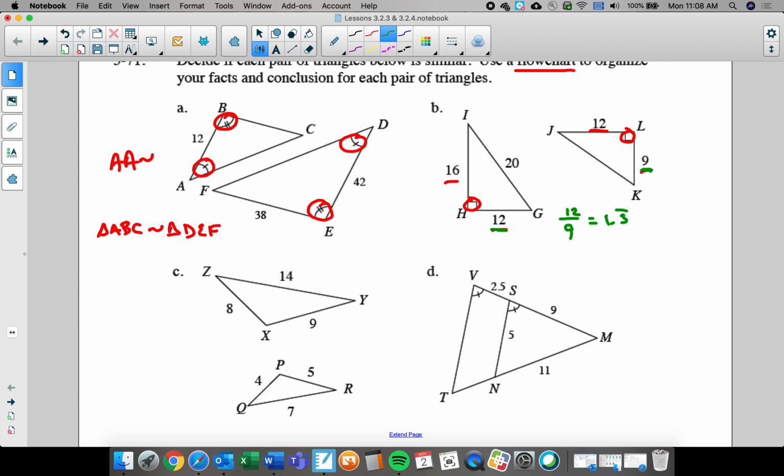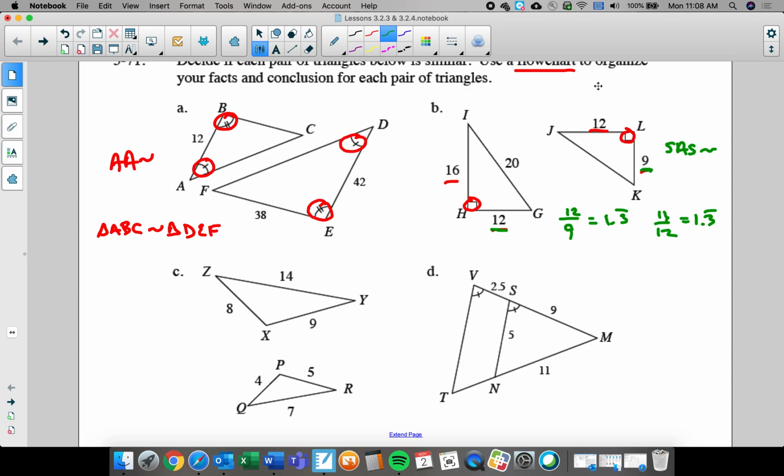Then the second ratio, 16 divided by 12, is also 1.3 repeating, and therefore these two triangles are similar by side-angle-side similarity. They've got two sets of equal ratios, and the angle in between is congruent. They're both 90 degrees. So these triangles have to be similar to each other.